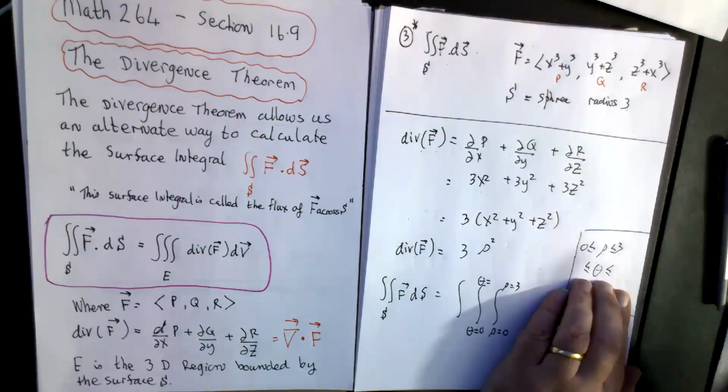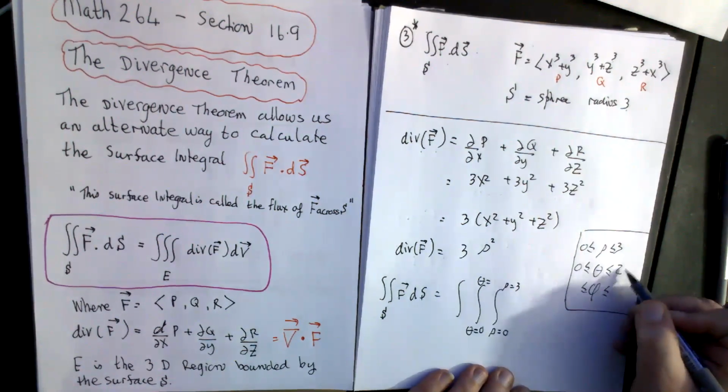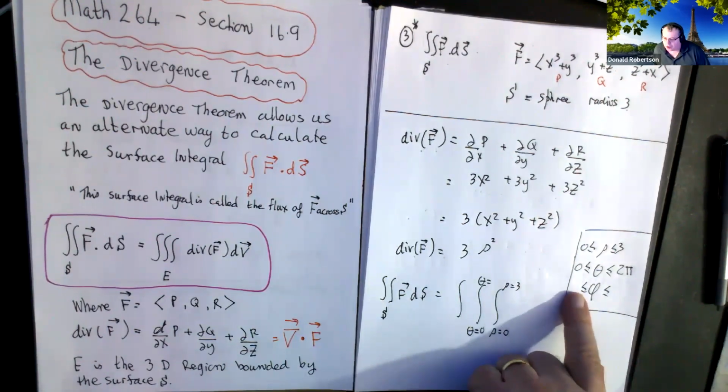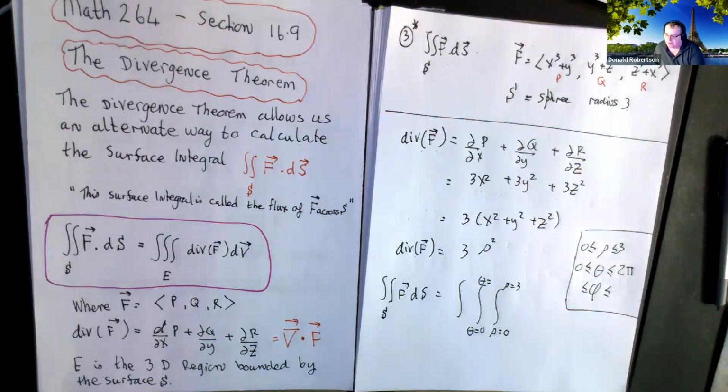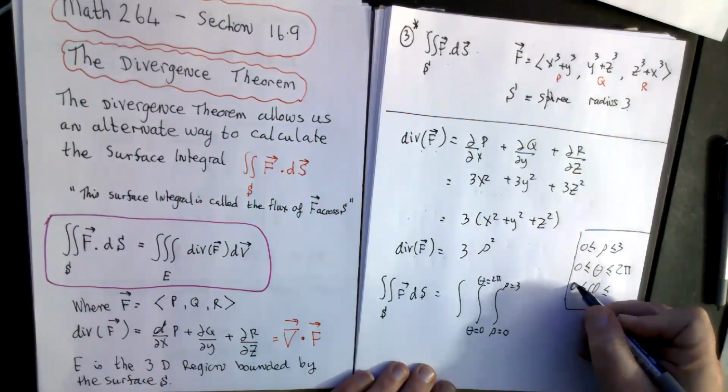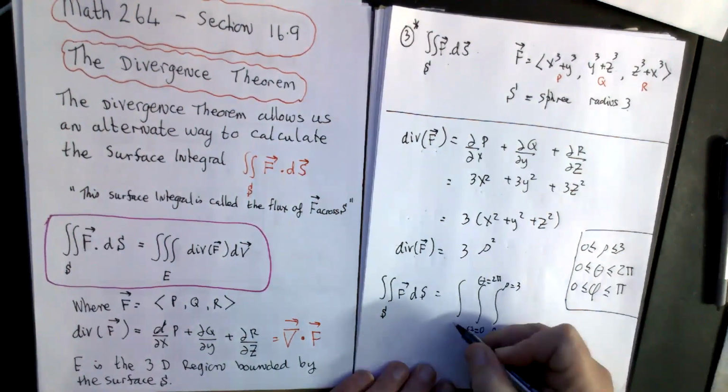Two pi. Correct. On the other hand, for phi or squiggle, what is the range for an entire sphere? I think 0 to pi. Agreed, 0 to pi.